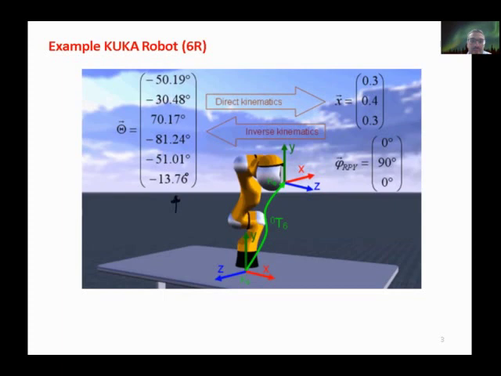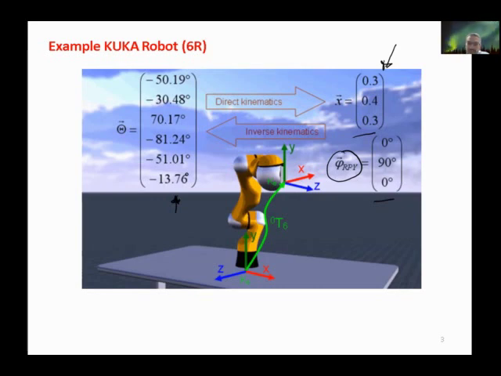We want to compute the inverse kinematics of a certain pose that corresponds to a certain position of the end effector and orientation, in this case expressed with Euler angles. And solving inverse kinematics, we get a set of angular positions that correspond to this pose of the end effector.